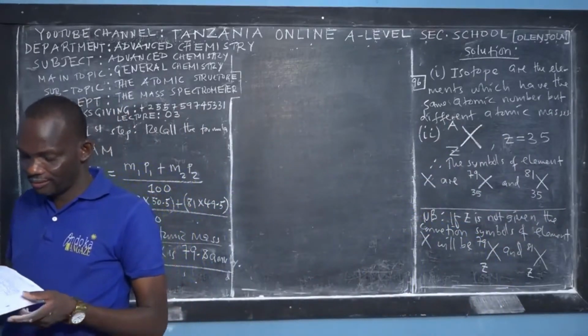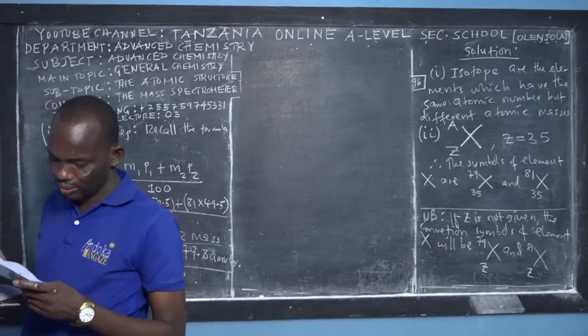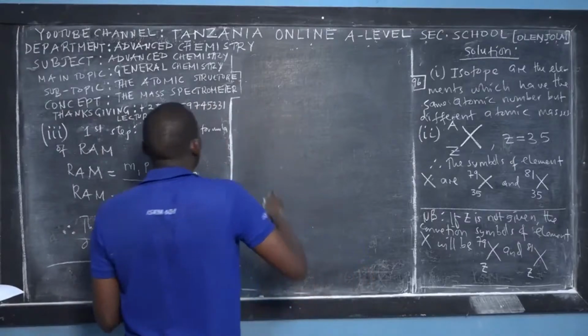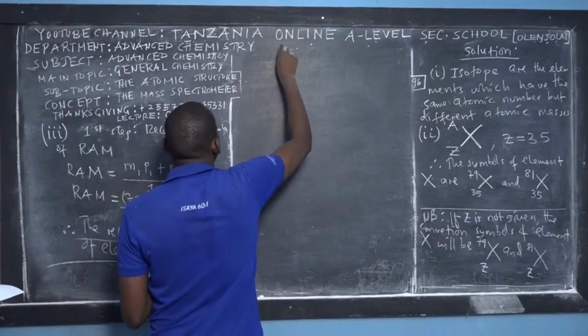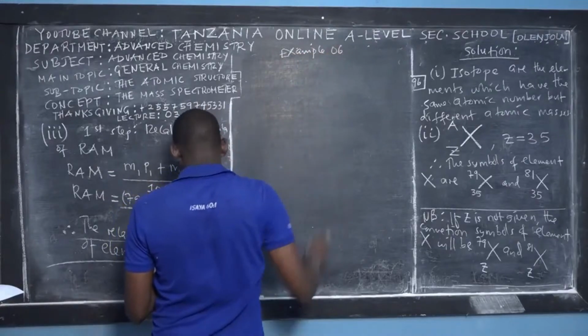So let me go to example 6, which is a little bit different in its structure, but is still simple. Example 6.